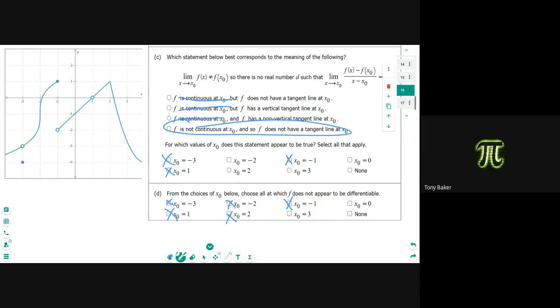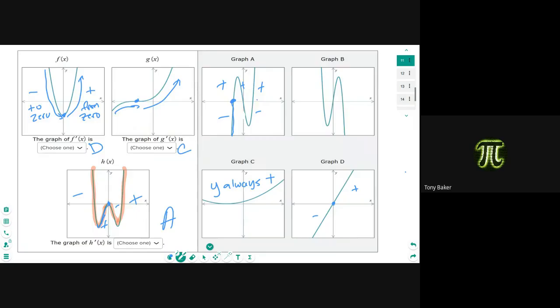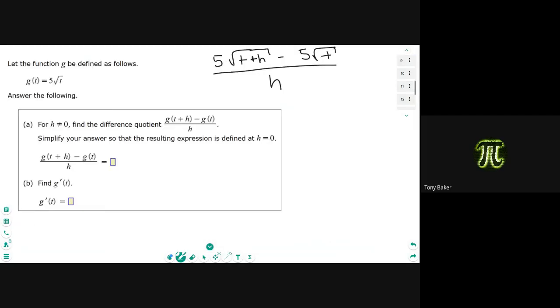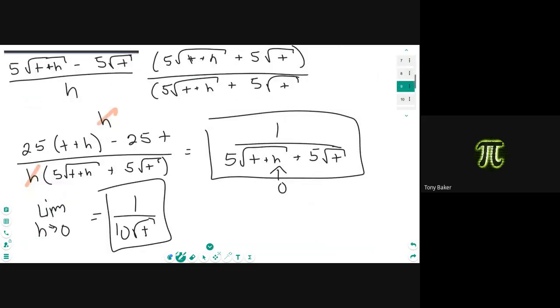Yes. Can you go back to slide 8? Sure. That one? The slide after. That one. Yeah, that one. I think I got a different answer, because you factored out the 5. Yeah, from when you multiply the numerator by the conjugate.